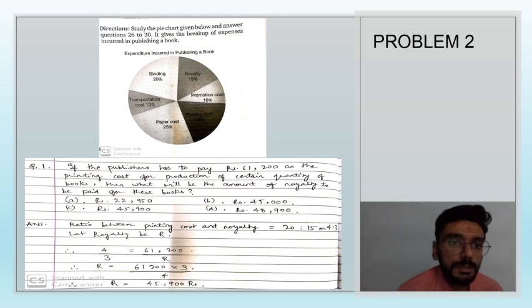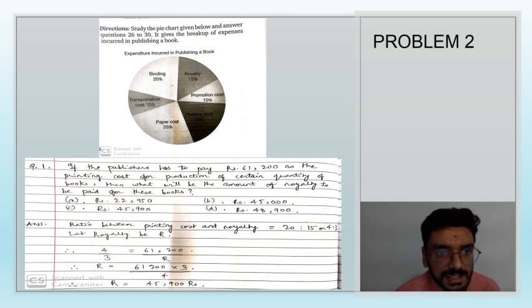The problem reads as follows. Study the pie chart given below and answer questions 26 to 30. For the purposes of this PowerPoint presentation, it is question number 1 to 5 again. It gives the breakup of expenses incurred in publishing a book.